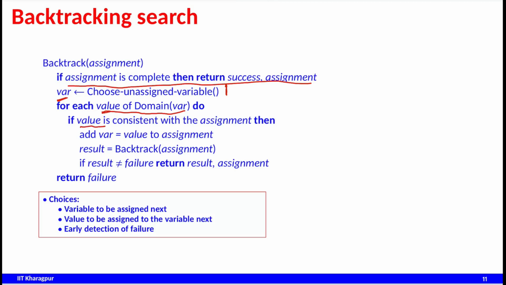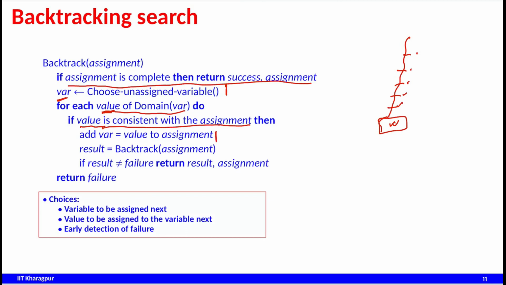So the value that you are choosing should be consistent with the assignment already made, that is, whatever assignment we have made, this new value is consistent with whatever choice you have made.